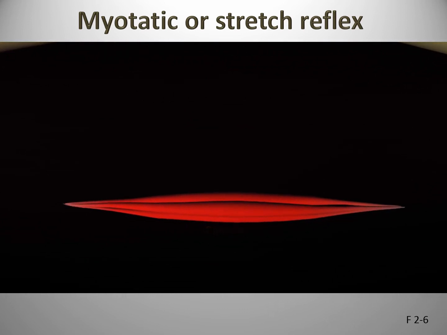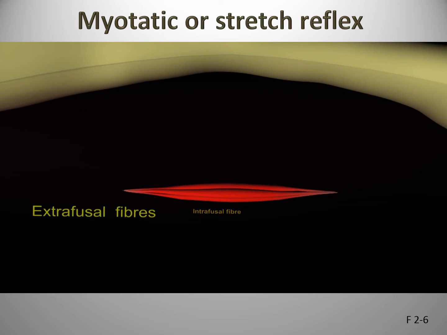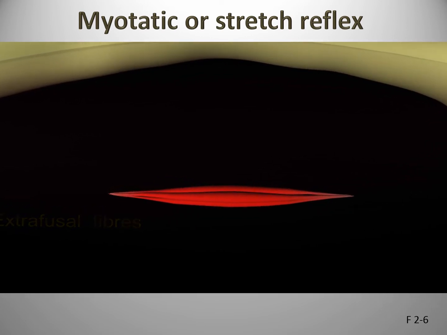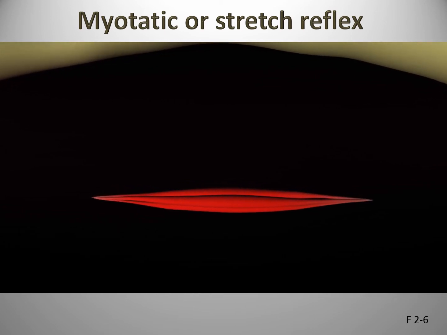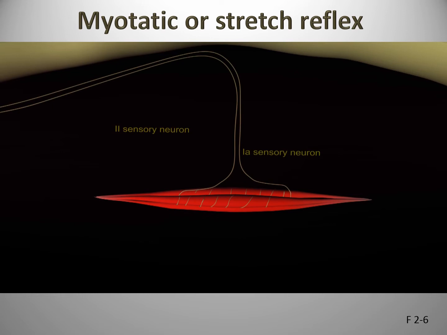As we just described before, the spindle is made of intrafusal fibers which are nested within the extrafusal fibers of the muscle. The skeletal muscle cells of the spindle can be divided into two sections with two different physical characteristics: the central part of the spindle, which does not have a contractile capability, and the extremes of the spindle, which can contract.